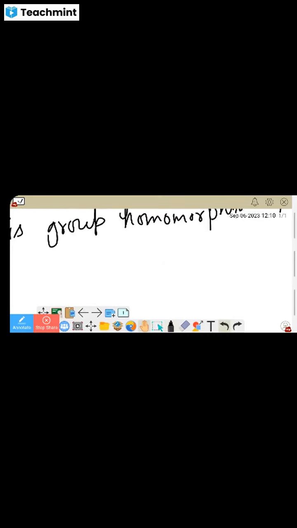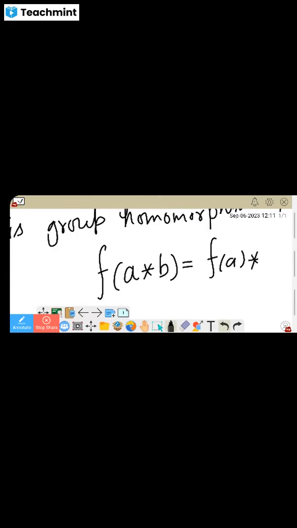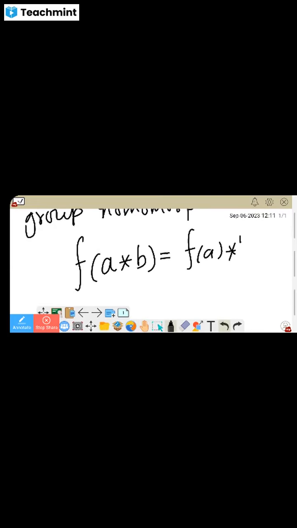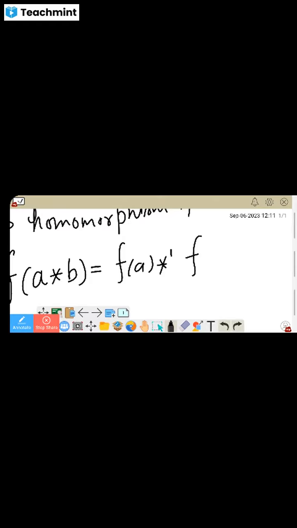if F of A operation B gives F of A star dash F of B, meaning we are taking the operation of the first group in the domain, and we have the operation of the second group in the codomain.